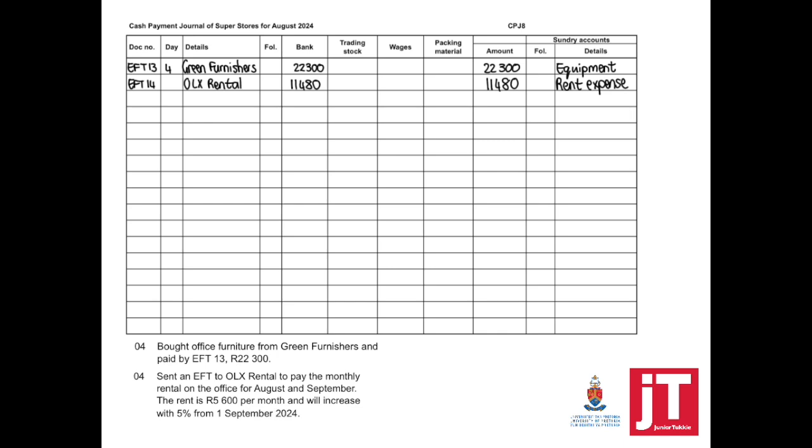Now, how did we get to that 11,480? The rent is 5,600 per month. And now you've got two options. If you take 5,600 and you times that by 5%, it gives you the 280, and that is the amount by which it will increase. But then I still need to add it to 5,600 to get the total amount that will be paid for August and September.